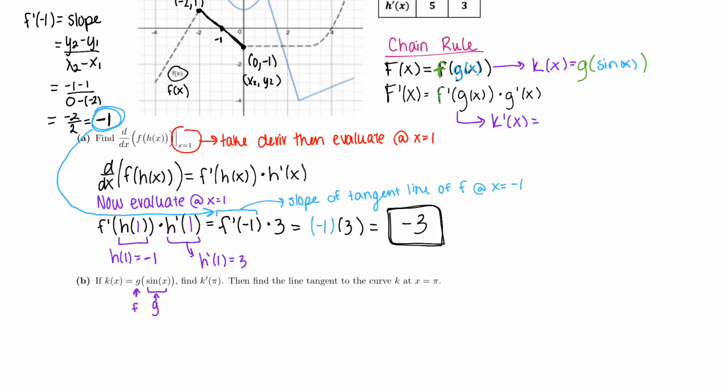So here, f prime is actually g prime, and g of x, let's see.